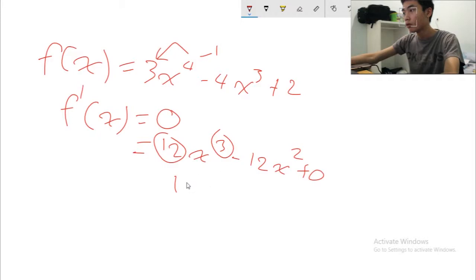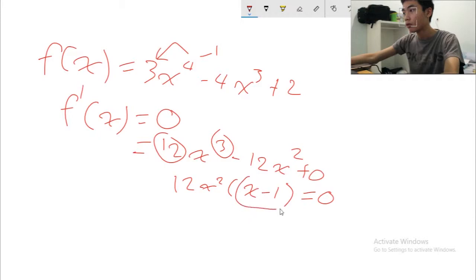Now using the distribution, I'll make it simple like this. And since we need to make it 0, we need to find out what x could represent to make the first.